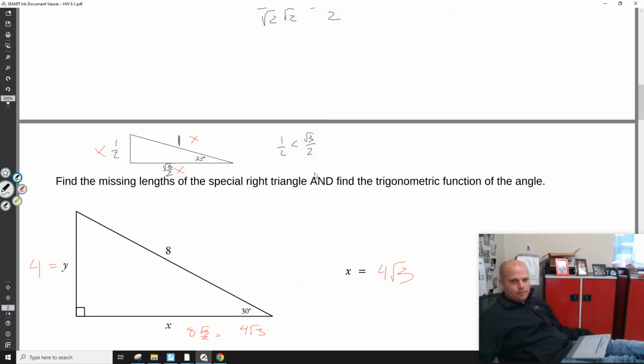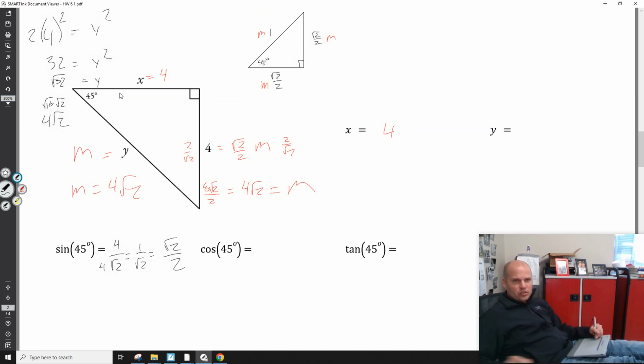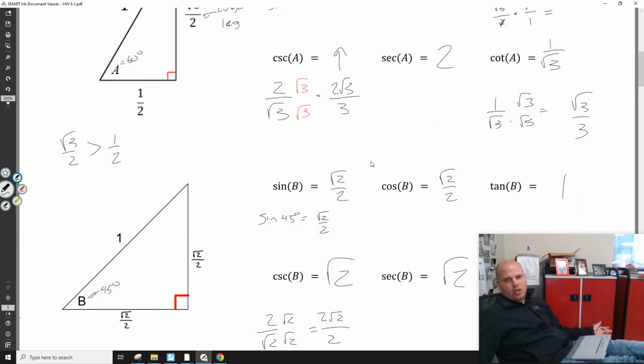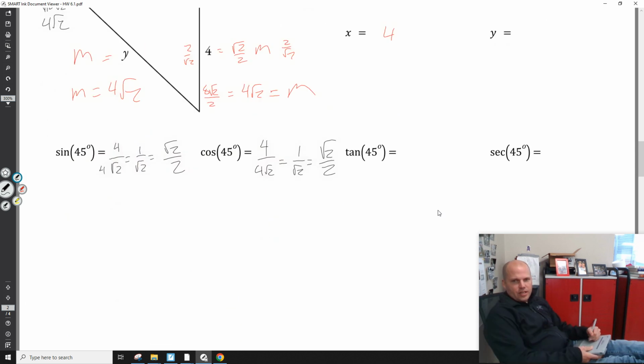The cosine of 45 degrees, cosine is 4 over 4 root 2, which is 1 over root 2, which is root 2 over 2. Oh yeah, I figured that out on the last page. The cosine of 45 degrees is root 2 over 2. Tangent's going to be 1. Secant is going to be just root 2. That's root 2 over 2 flipped.